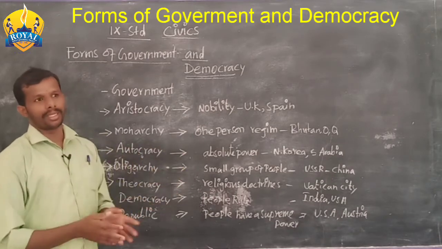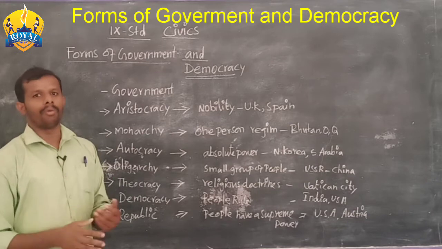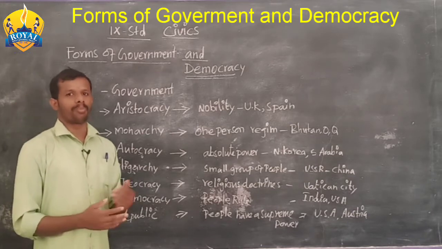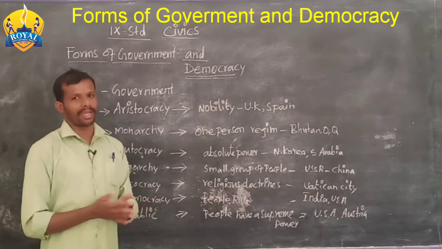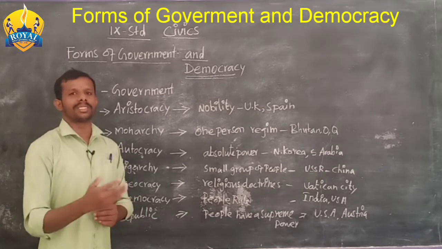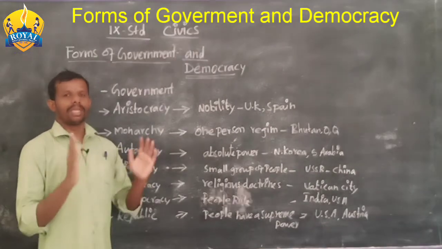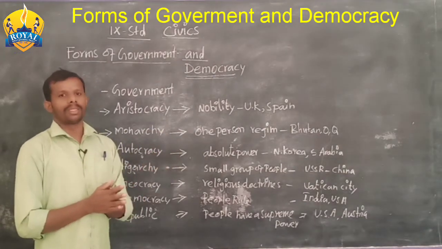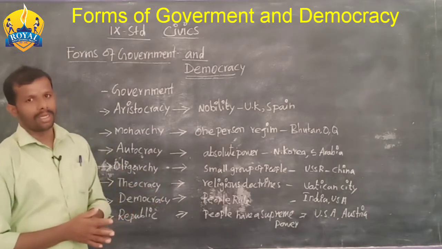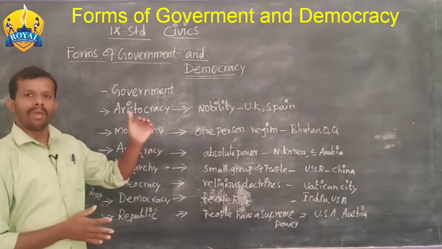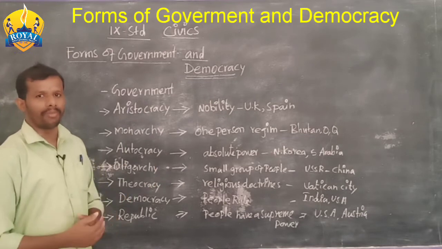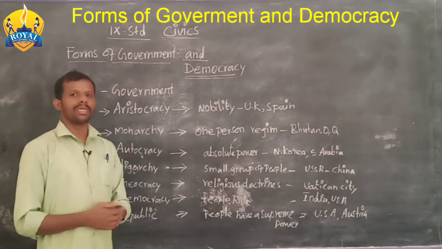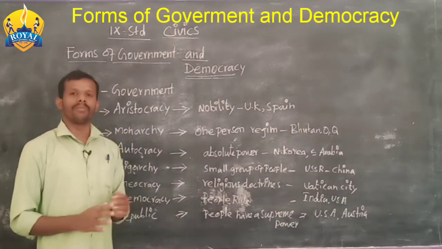Who will guide? The government will guide. As our father and mother guide us in our house, and the teachers guide us in school, in a country the government will guide us. Through the guidance, we get all our benefits. If there is an absence of government, we cannot get anything.